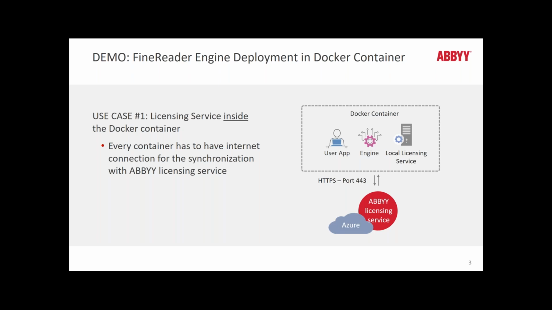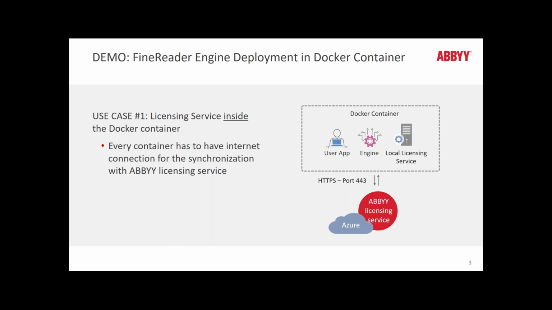Basically I have one image for every customer, and I start the container from this image. So all the licensing information is already stored in there, the licensing service as well. This might be a use case.